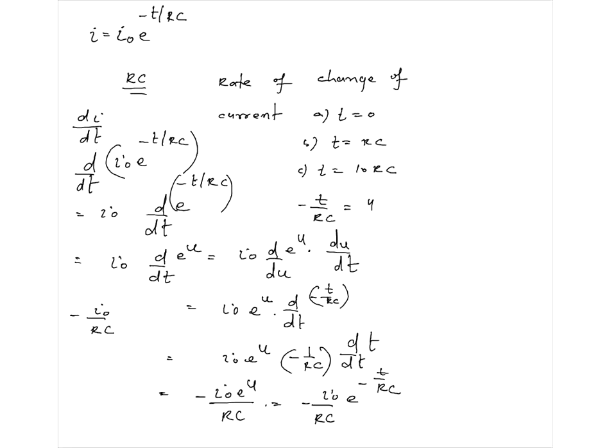When time is RC, then rate of change of current is minus I naught by RC e. And when time is 10 times RC, then it is minus I naught by RC e to the power 10.